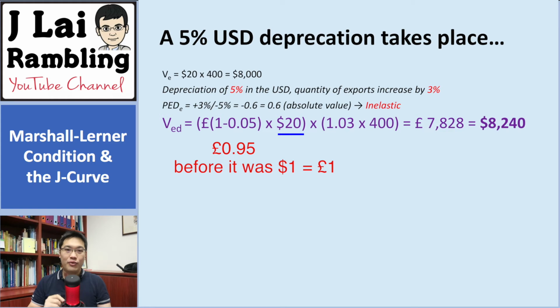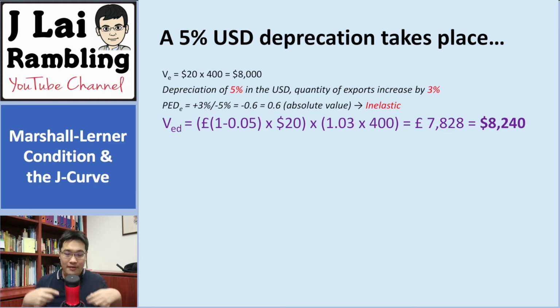Since the old price is $20, all I'm doing here is applying that discount, multiplied by 0.95, and it gives us 19 pounds. They used to have to pay 20 pounds for that same good or service because it was a 1-to-1 exchange rate, but now because there's a discount, it is only 19 pounds.